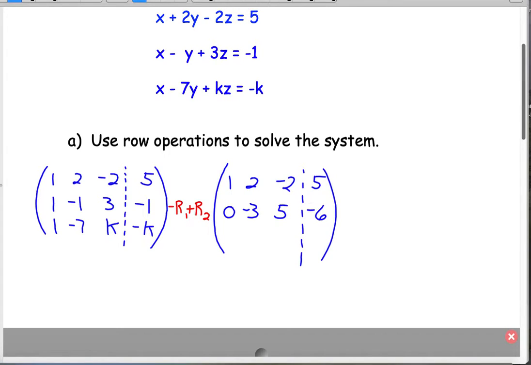All right, now let's multiply the first row by -1 again and add that to the third row, replacing the third row. And that's going to give me a 0 in this spot. So that accomplishes my first goal. And then I'm going to have -2 minus 7 is -9. And then +2 plus k. And then finally -5 minus k.